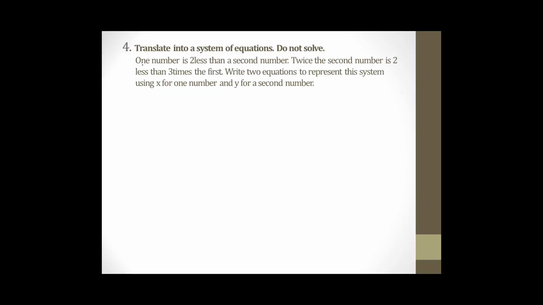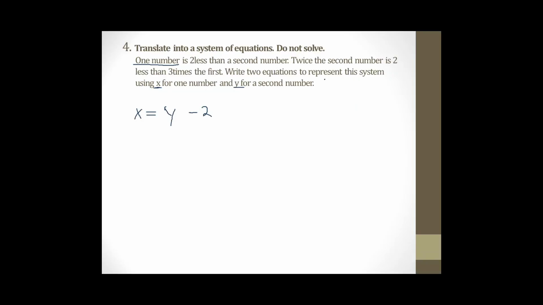We have one number and one number is represented by x. So starting with x, is usually translated as the equal sign, and then 2 less usually goes in the back, because 2 less than what? So 2 less than a second number, which is indicated by y. So 2 less than the second number, y minus 2.